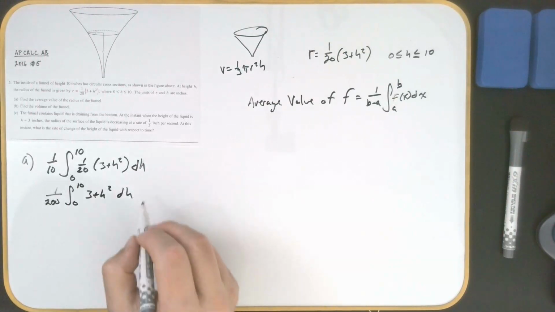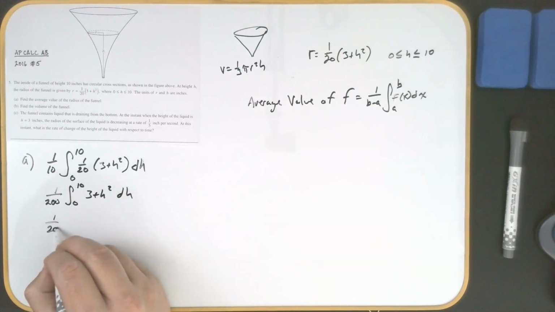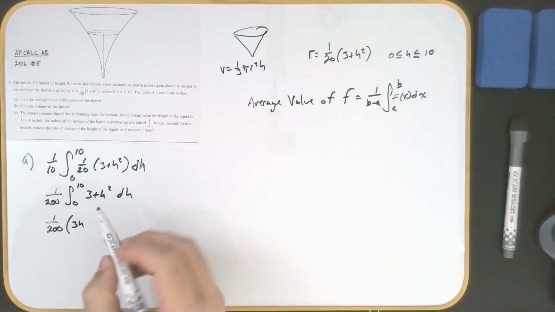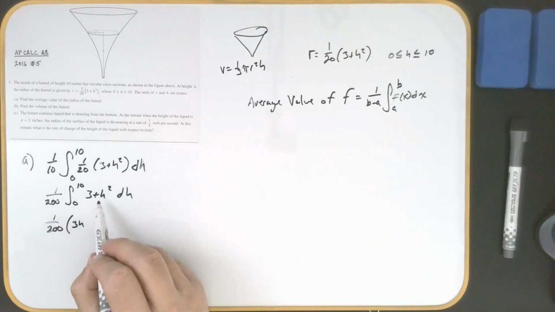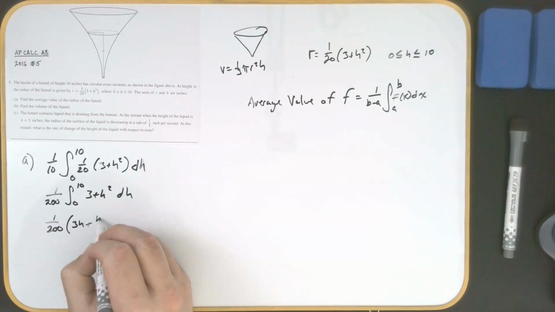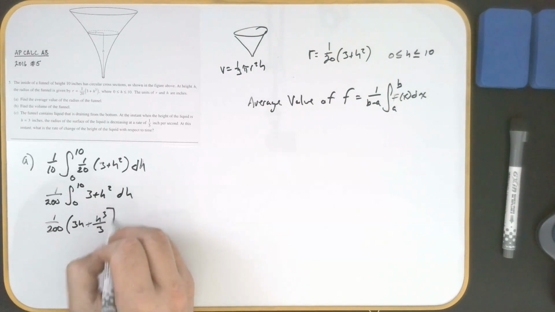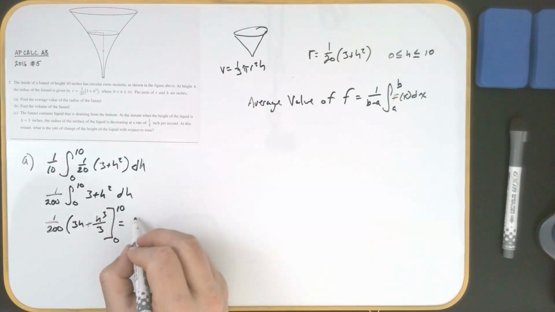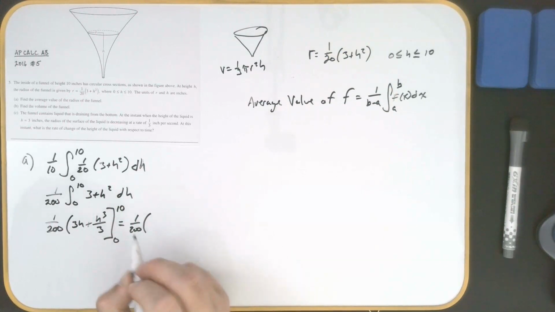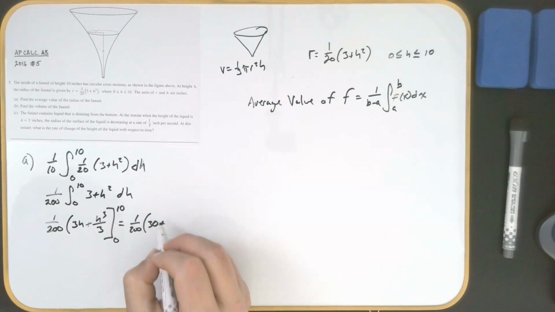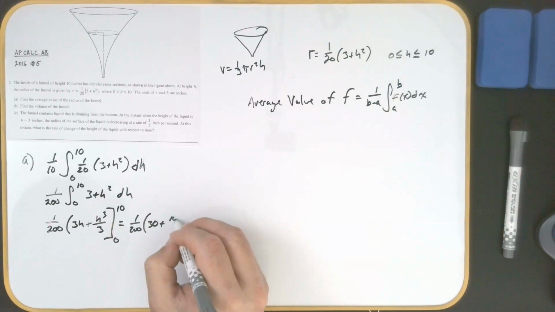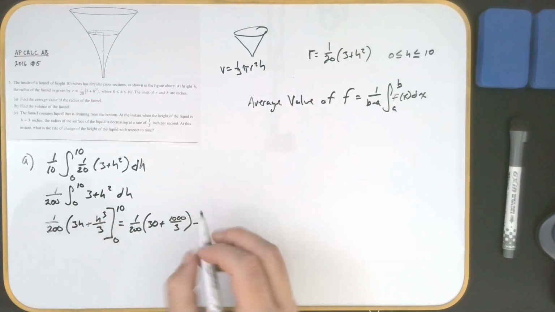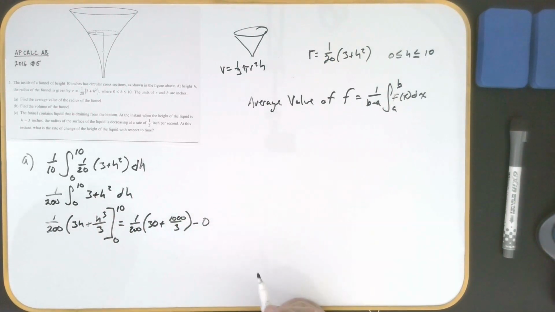So we've got 1/200th times the integral of 3, which is 3h, and the integral of h squared, which is h cubed over 3. And we're going to evaluate that from 0 to 10. So let's see what we get. We get 1/200th times 30, plus 1,000 over 3, minus, if we put in 0, that all zeros out.